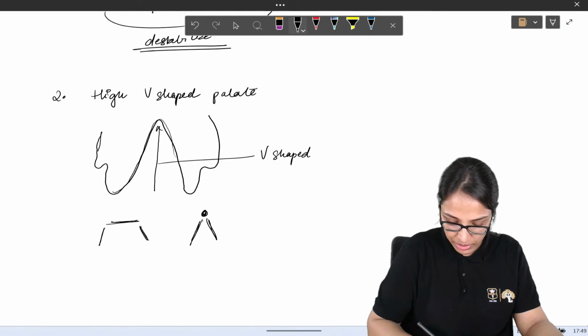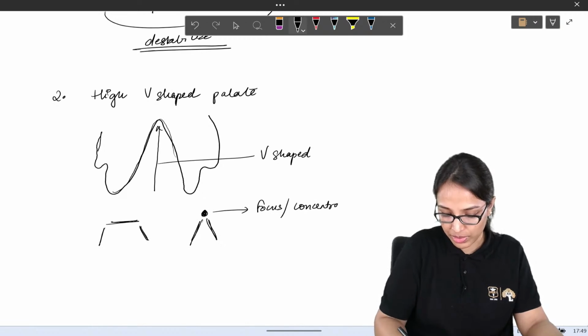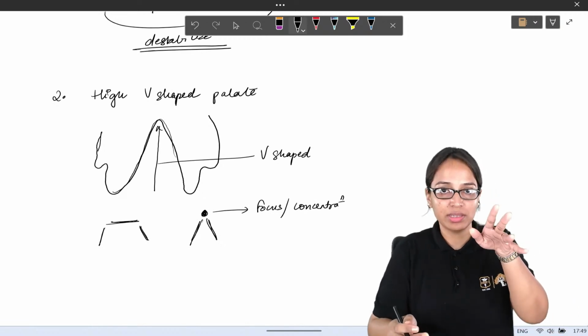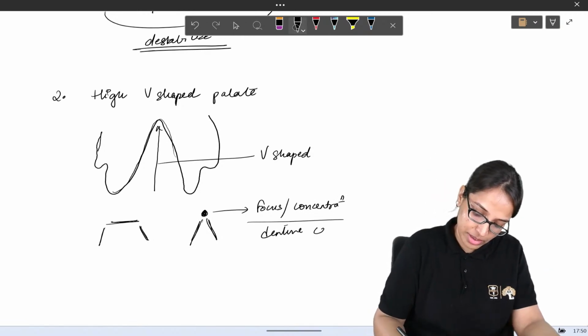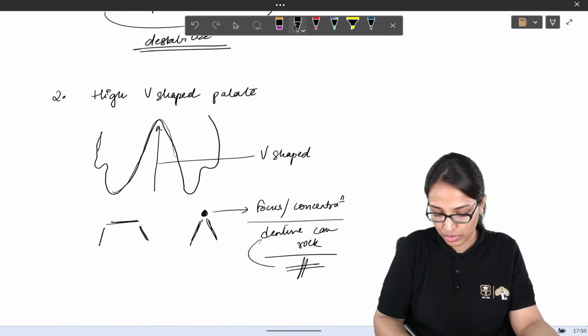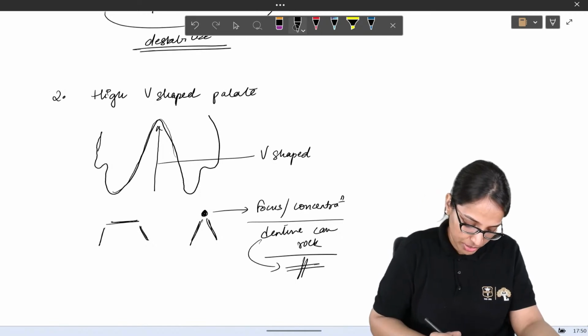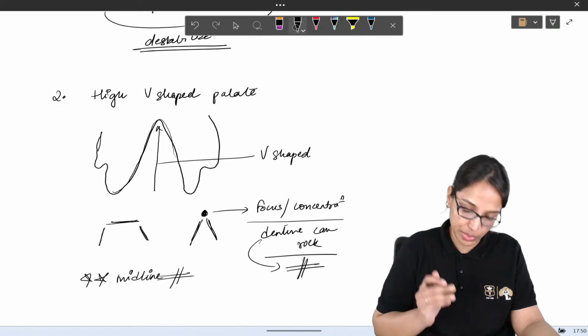And the central point here becomes a point of focus or concentration over which what will happen? There's a tendency the denture can rock over it and eventually fracture and break. So you will see a lot of midline fractures with these V-shaped palates.